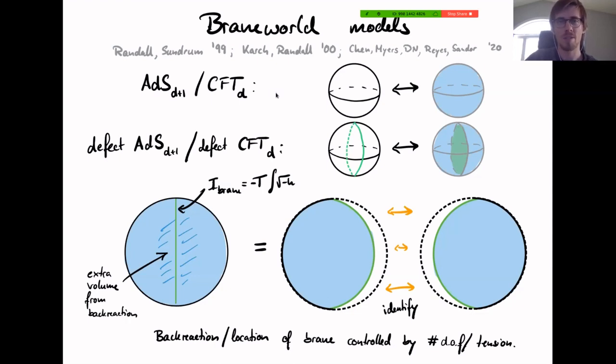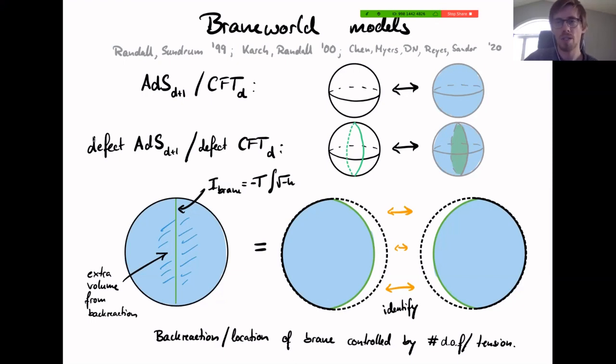So remember, AdS/CFT, the standard dictionary just tells me I have a CFT on a d-1 sphere times time, and I've just suppressed time here, and that's dual to AdS d+1. Now, what I can imagine doing is I just add a defect along a great circle to my CFT. So what is the dual description now in my AdS space?